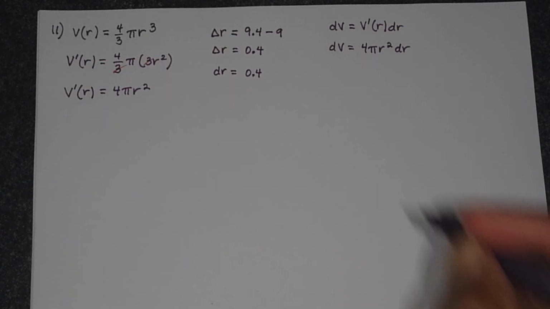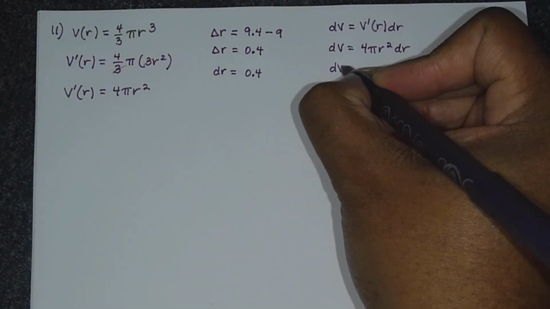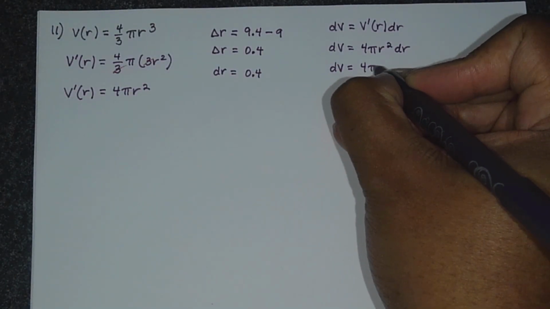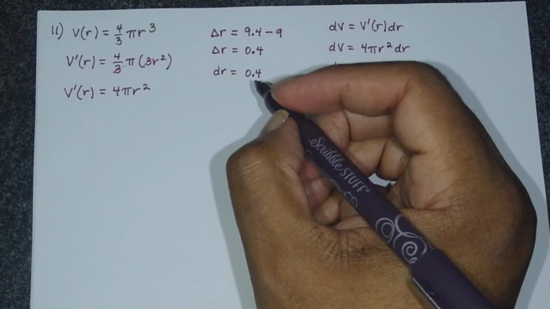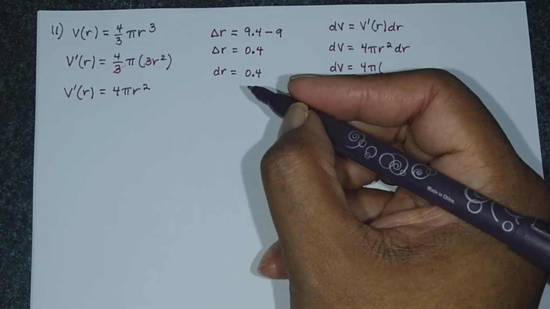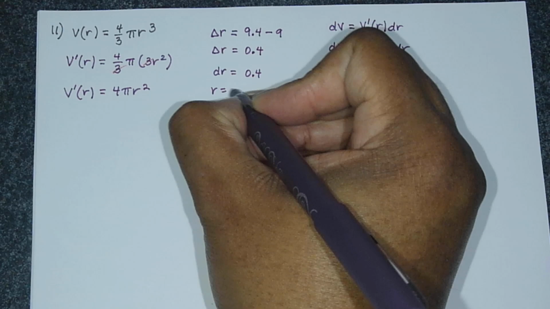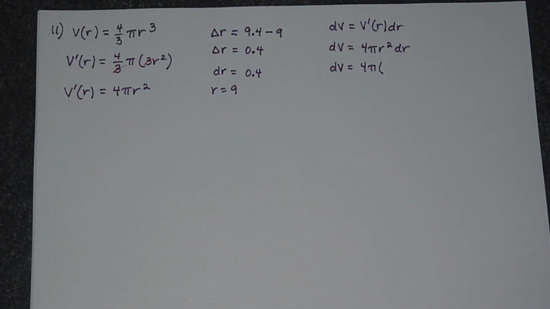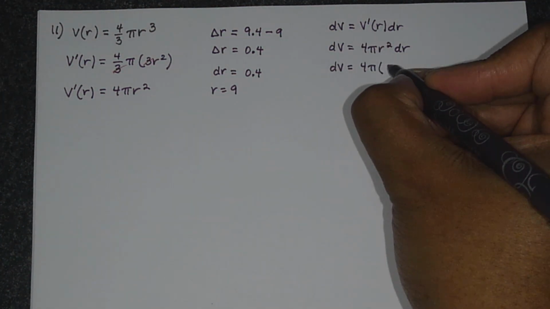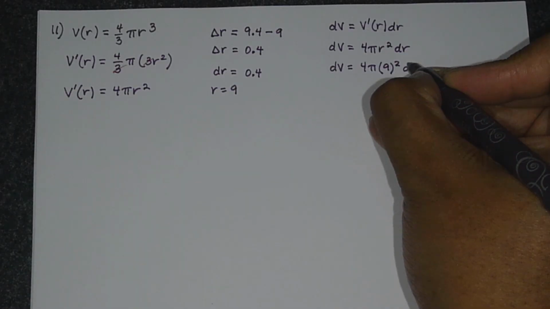Now let's do our substitution here. This will be 4 pi times the radius. In this case, the radius was 9, and that's squared.